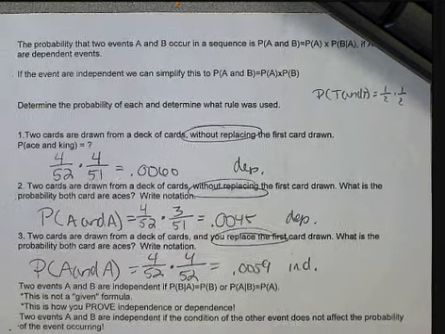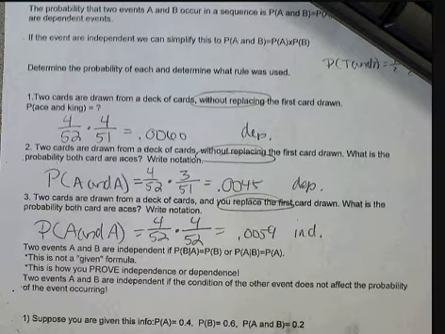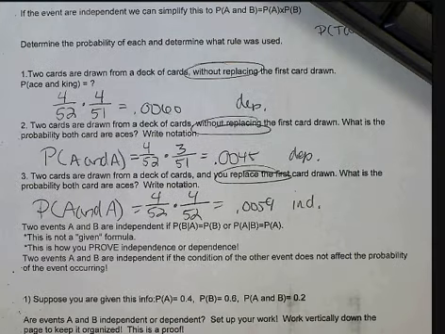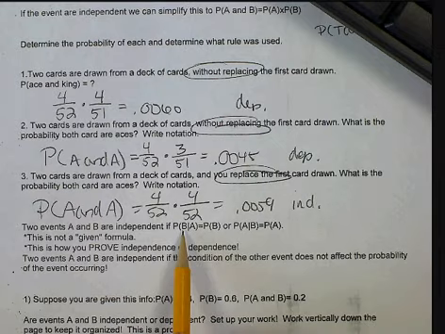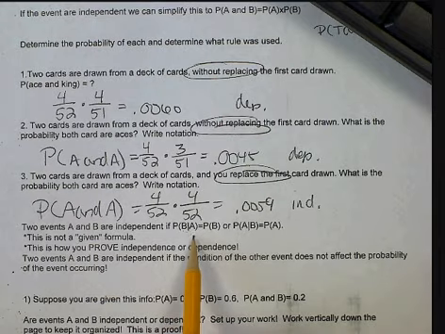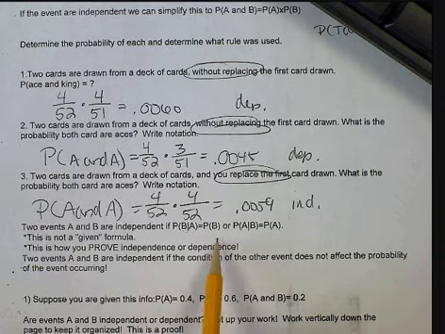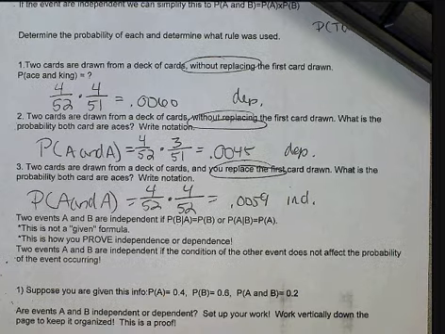So 2 events, A and B, are independent if the probability of B given A is the same as the probability of B. In other words, the fact that A occurred does not change the fact that B occurred. This is how you prove if 2 events are independent.